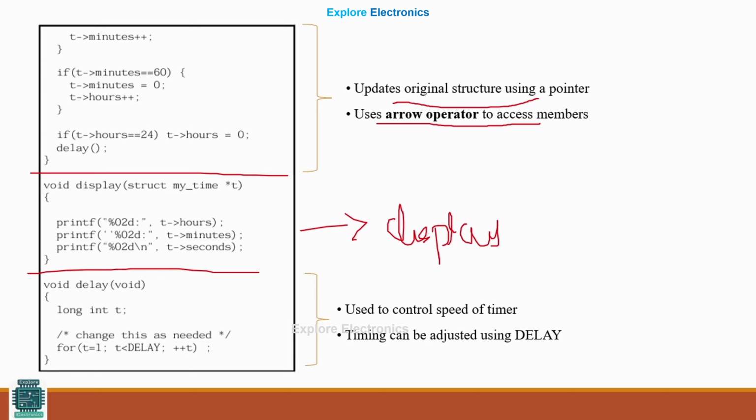And the last one is used to control the speed of the timer, and timing can be adjusted using a delay. This is the software timer example. I will pause the video and take a screenshot as I have included what all the functions perform. It will be easier for you to understand and write in your exams. I hope you have taken it.